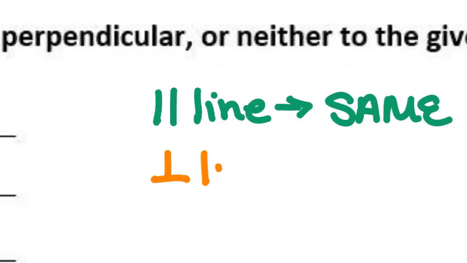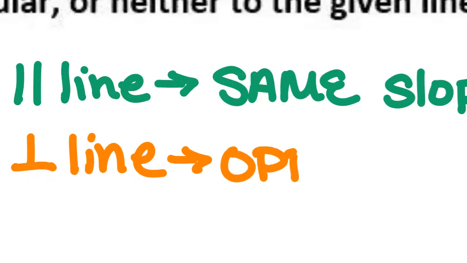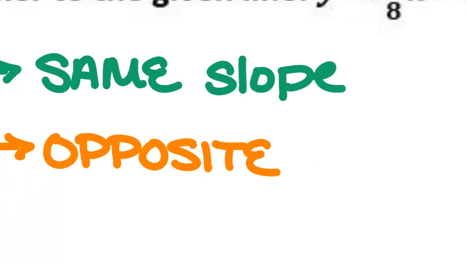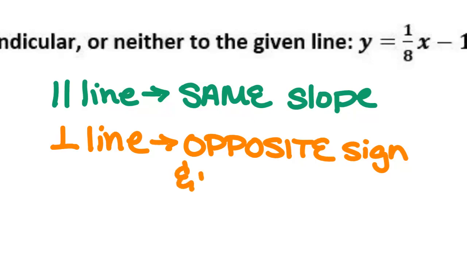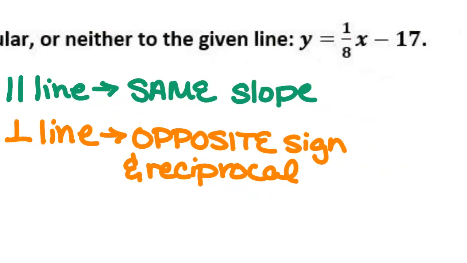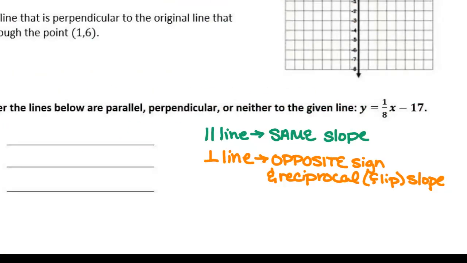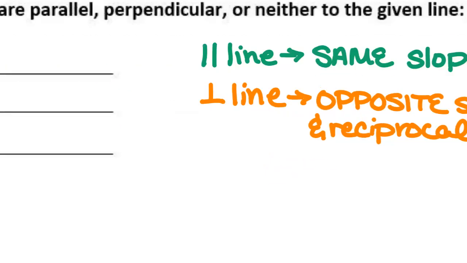For a perpendicular line, we have opposite sign and reciprocal slope. If it's anything else, then it's not parallel or perpendicular.